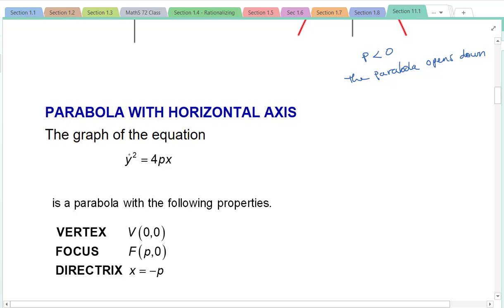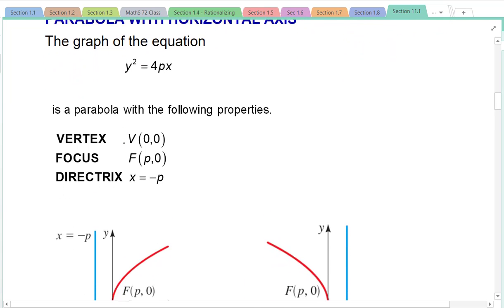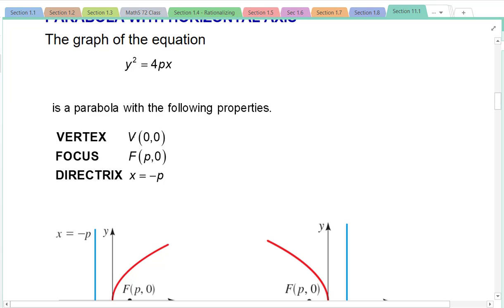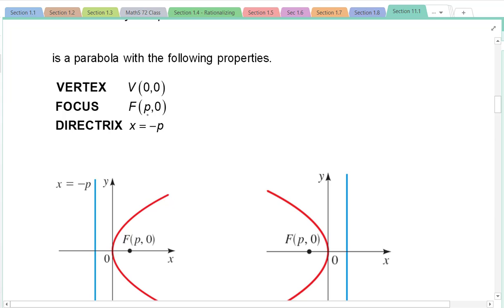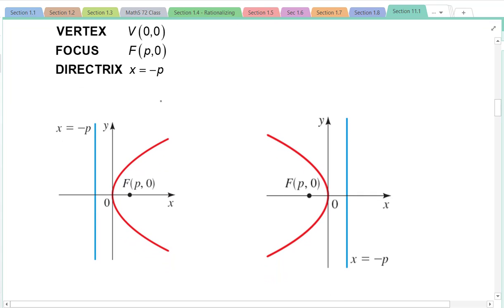So one way to think of it is if you have y squared, it's a horizontal axis parabola. If you have x squared, it's a vertical axis parabola. There are no shifts here, so the vertex is at the origin. The focus is now, because it's on the x-axis, p as the x value and then 0 for the y, and the directrix is x equals minus p.